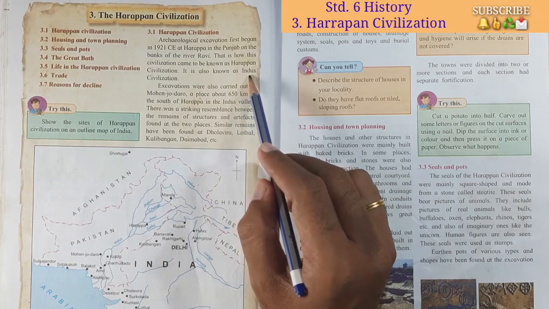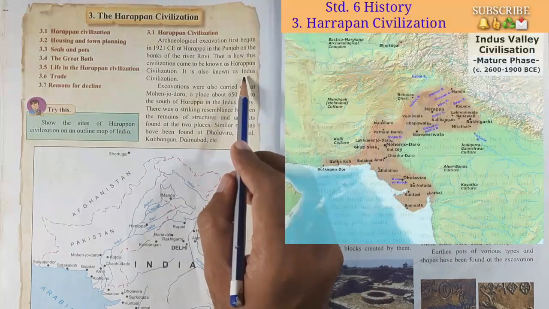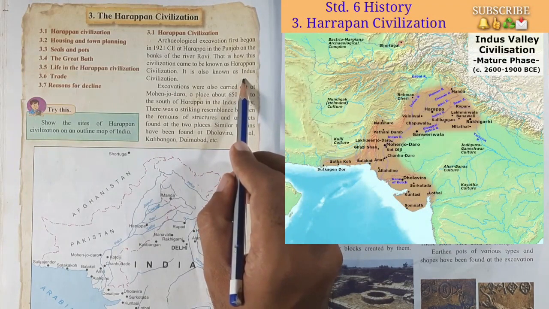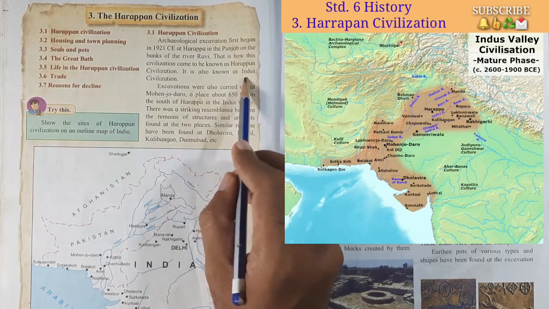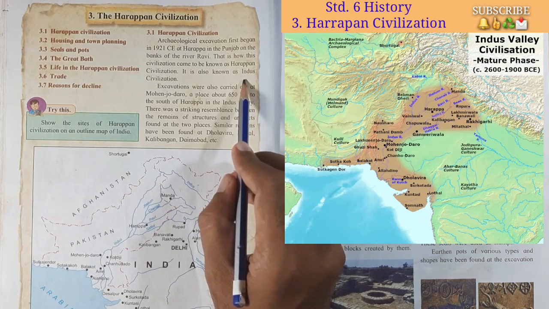Let's have brief information about Indus Civilization. Indus Valley Civilization, also known as the Indus Civilization, was a Bronze Age civilization in the northwestern regions of South Asia, lasting from 3300 BCE to 1300 BCE, and in its mature form from 2600 BCE to 1900 BCE.